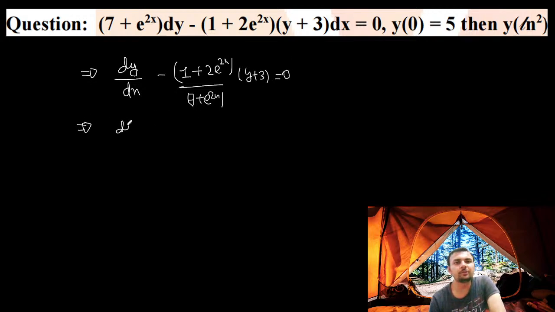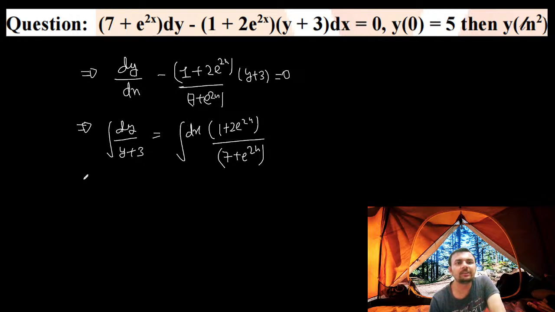We can go dy by (y plus 3) equal to dx times (1 plus 2 e to the power 2x) upon (7 plus e to the power 2x). Integrate. We are going to get ln (y plus 3). So we'll have to go by parts, maybe.